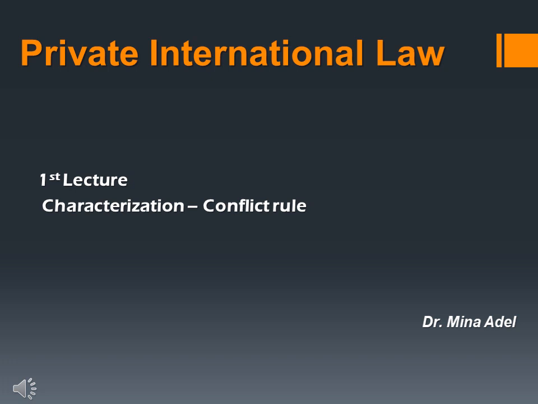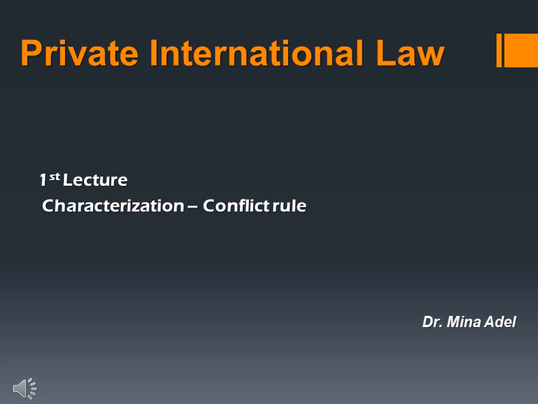Then we will find the conflict rule, or before finding the conflict rule we will check if we have any convention signed by the state, and if we have any international text signed by the state.